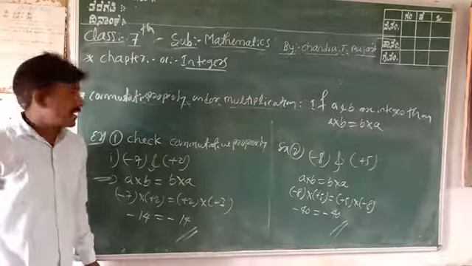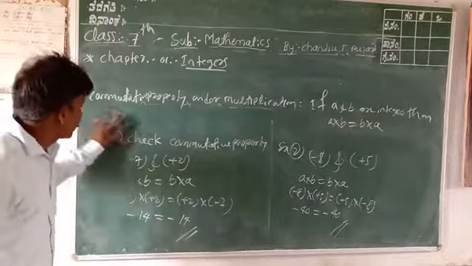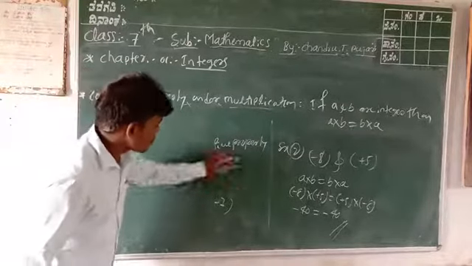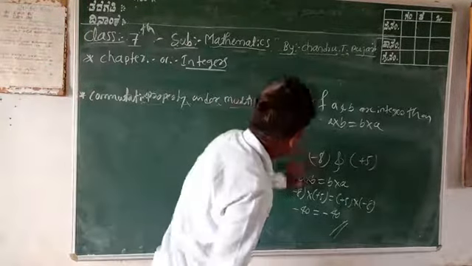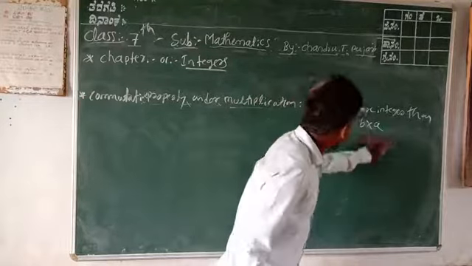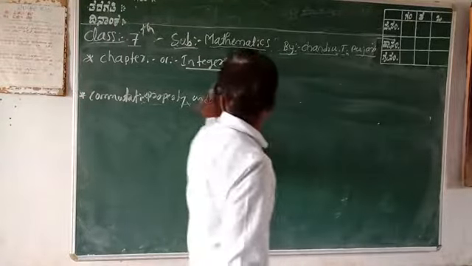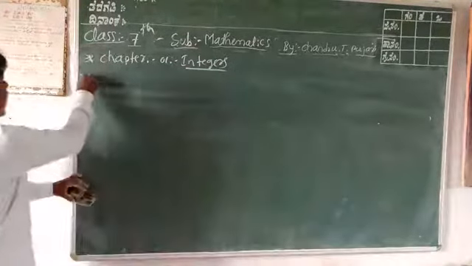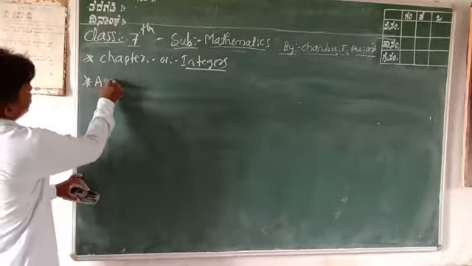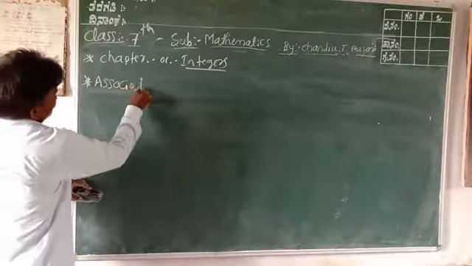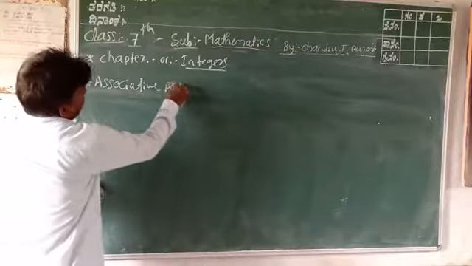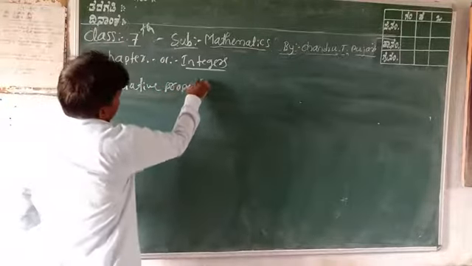Got it? The next property is what? The next property is the associative property under multiplication. Write down associative property under multiplication.